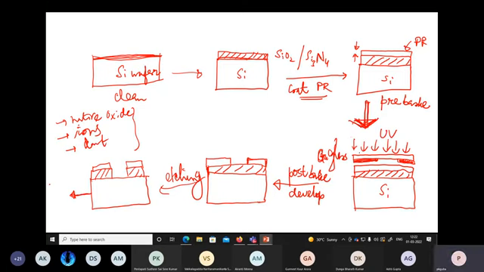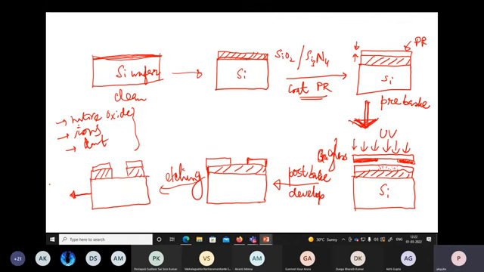So you expose your photoresist through this masking layer with UV light, and this UV light interacts with the photoresist and changes the property of the photoresist where it is interacting. Through the opaque portion, the UV light will not be able to come.